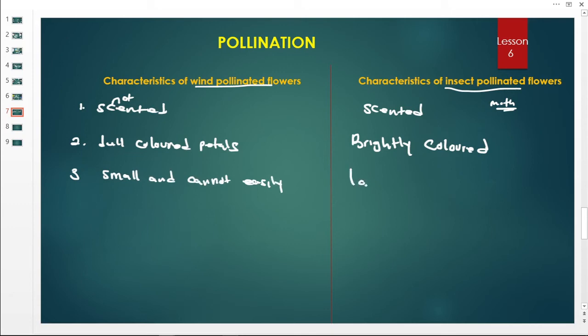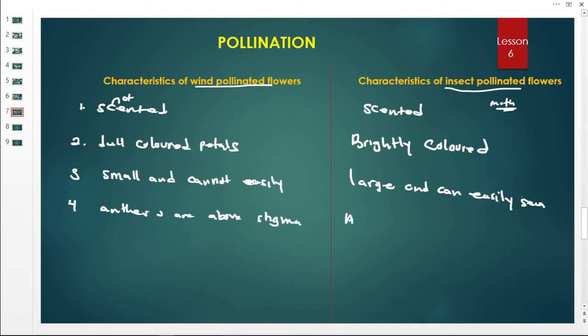Then these ones, the insect-pollinated, are large enough to be seen easily. And then in these ones, the anthers are above the stigma, whereas in these ones, the anthers are below the stigma.